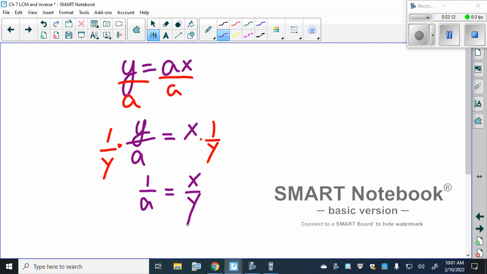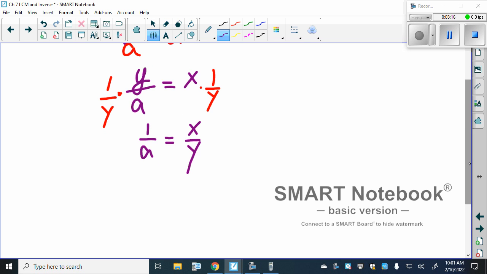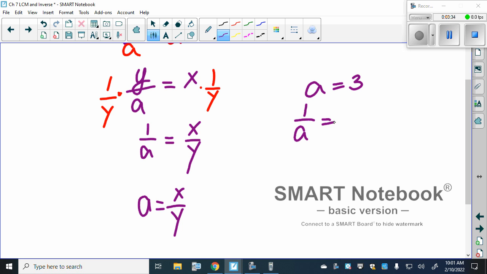So really, 1 over a is actually the same as just saying a. Because that 1 over, really, we can suck it into the constant term. If a in this case was 3, well, 1 over a is 1 over 3, which is really saying that a is 1/3, because it's just talking about a constant term.